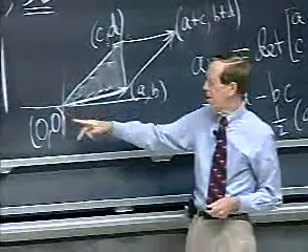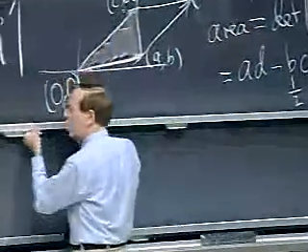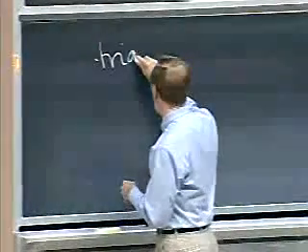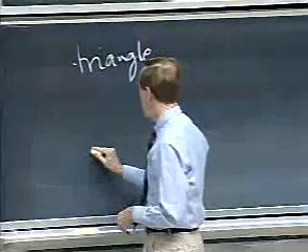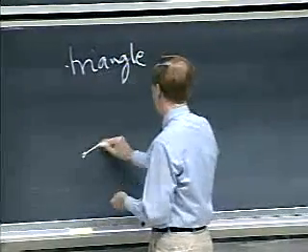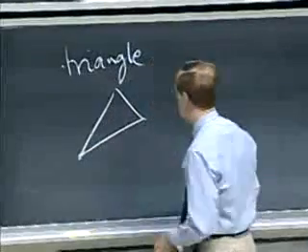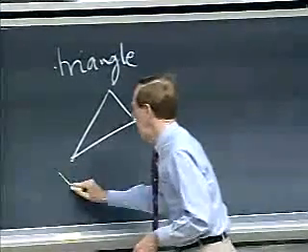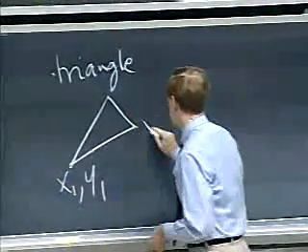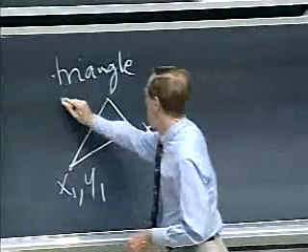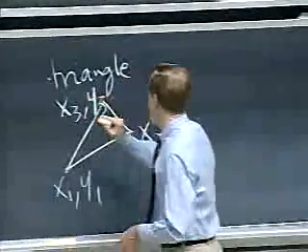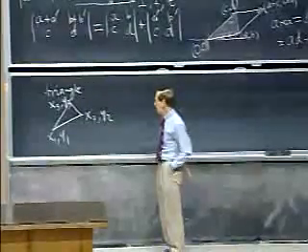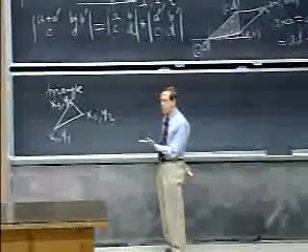I'm coming back to triangles again. Let me put this triangle somewhere. I'm staying in 2 dimensions, but I'm going to allow you to give me any 3 corners. And those 6 numbers must determine the area.